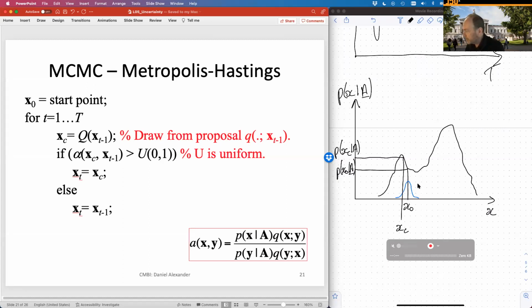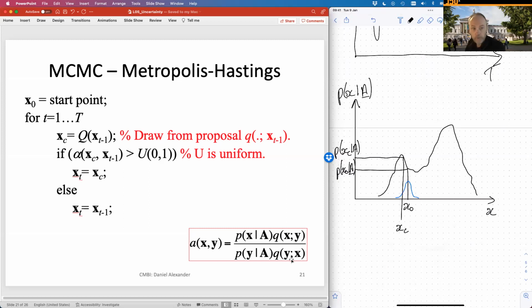So as long as we choose a simple proposal distribution like this symmetric Gaussian, then these two factors Q will cancel each other out.